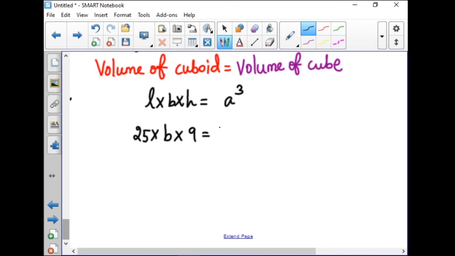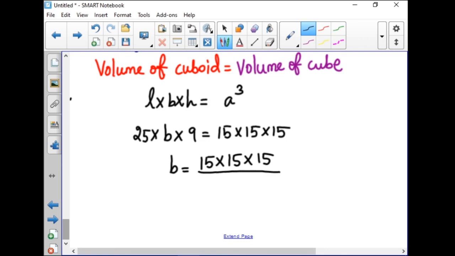A value is 15, so cube means we can take 3 times, 15 into 15 into 15. Okay, so B is equal to 15 into 15 into 15 divided by 25 into 9.